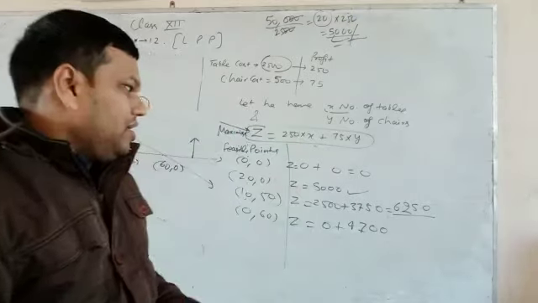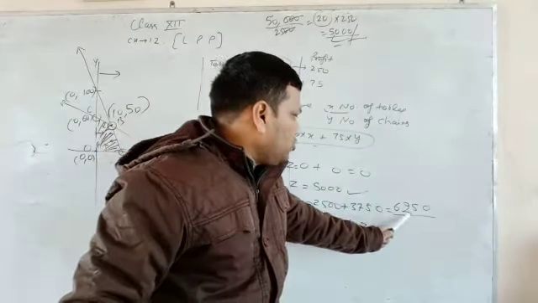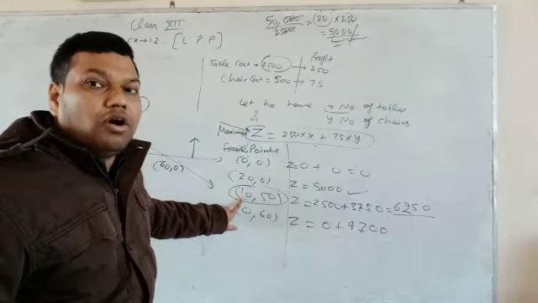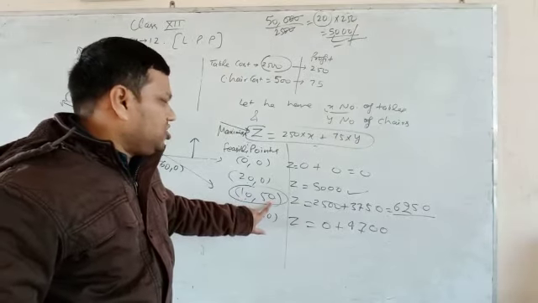You see here that the maximum value we got is 6250, and it is when the businessman bought 10 tables and 50 chairs.